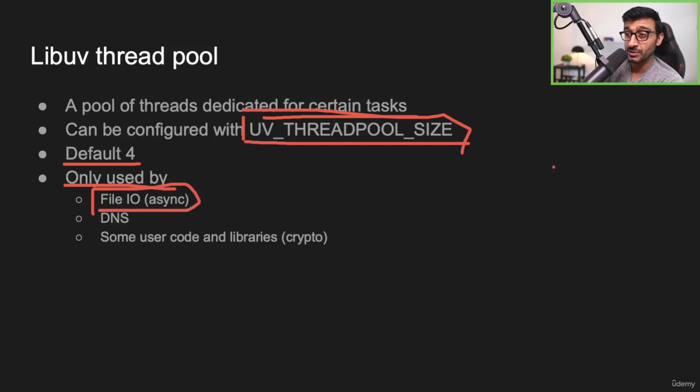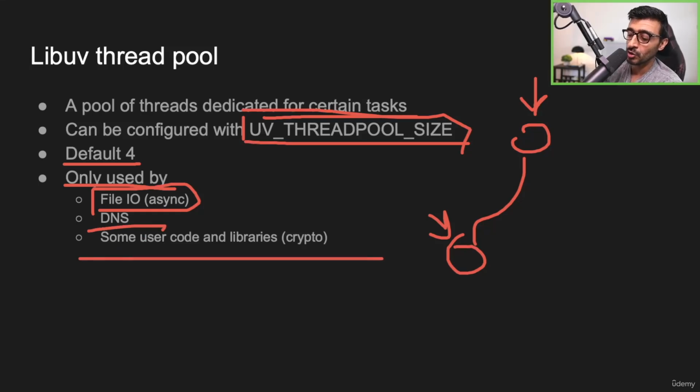As we talked about, we're going to use a thread and block on that particular thread. We never read on the main thread, unless you're using readFileSync, then you're going to block the main thread. DNS and user code are also served by the thread pool.